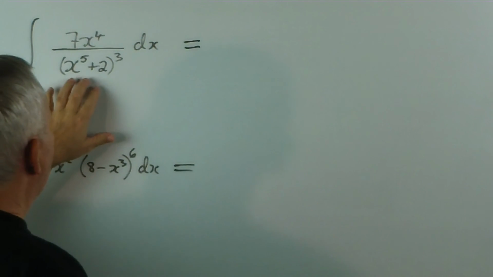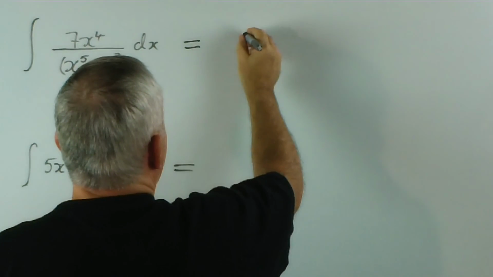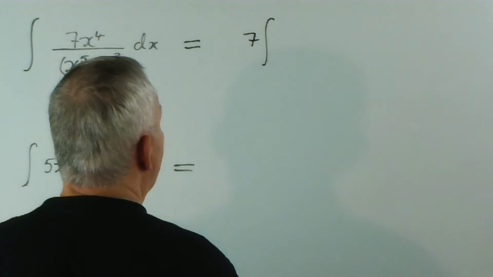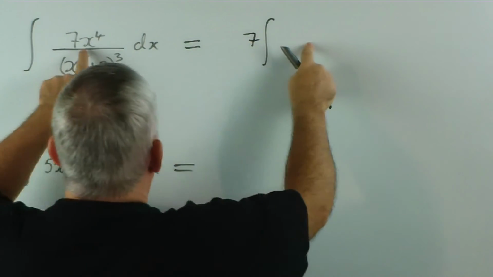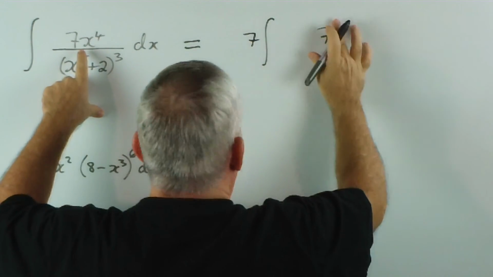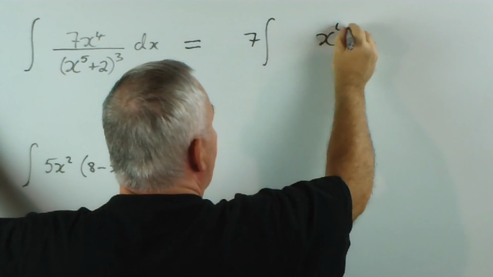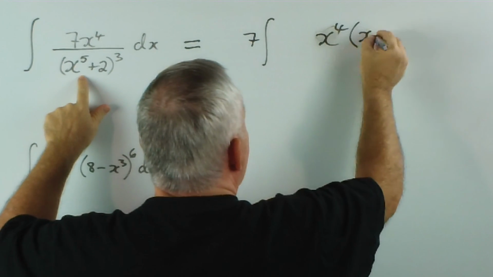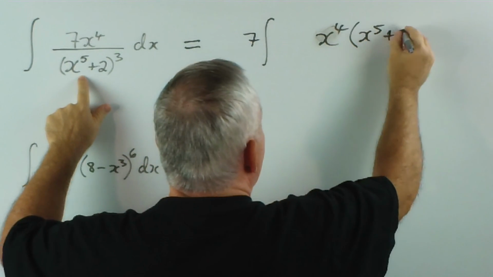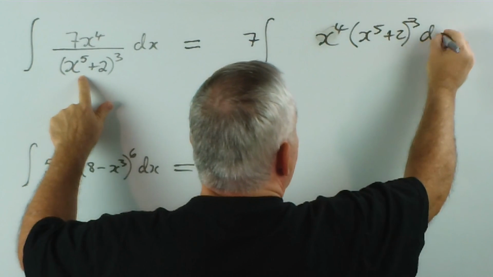First of all, I know that 7's not the number I want, so I'm going to write it out the front, times the integral. I'm going to leave a little bit of a gap for my numbers, and I'm going to write my x to the 4th power, and I'm going to move this up as x to the 5th power plus 2 cubed to the power minus 3 dx.